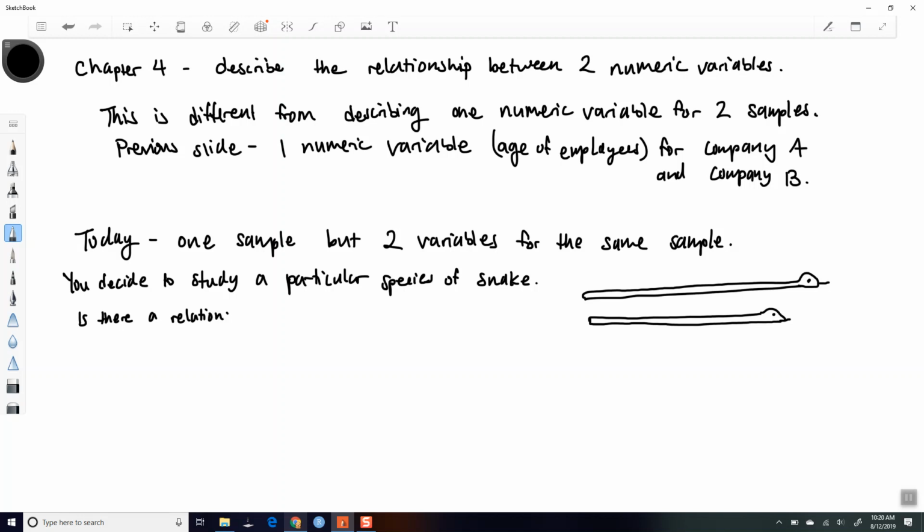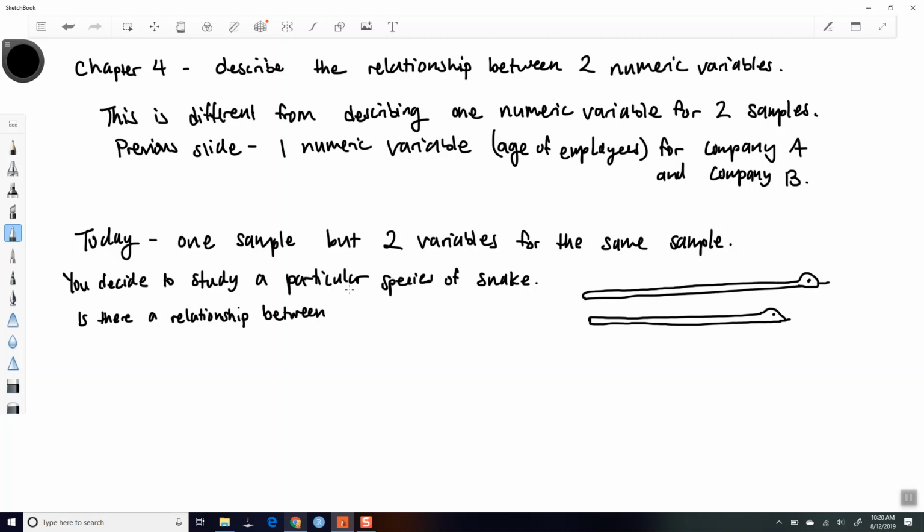I don't know anything about snakes. Do snakes just grow more bones in their body when they get longer? Or do they all have the same number of bones and the bones just get longer? That would be another question: is there a relationship between the number of bones and the length of a snake?